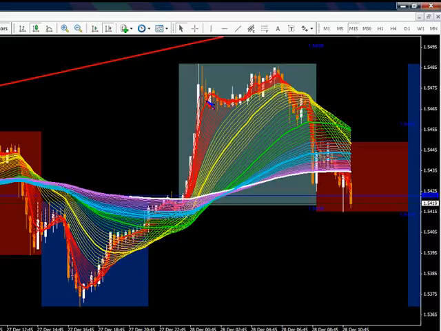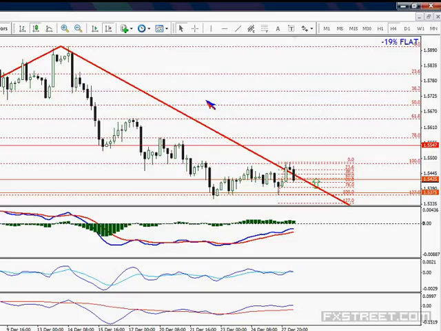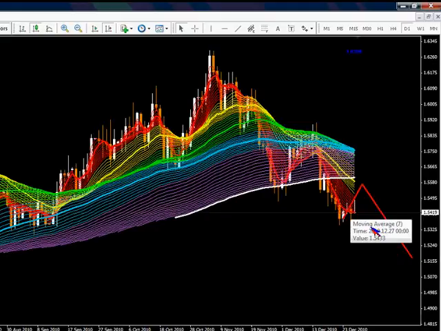What I want to point out, guys, first of all, both scenarios that I'm pointing out right now on GU are aggressive, because basically we are going against the trend on the 4-hour chart and somewhat against the trend on the daily. The daily has not yet confirmed a bearish trend. As far as I'm concerned, we're looking at the possibility of a bearish trend, but it's not yet fully confirmed.